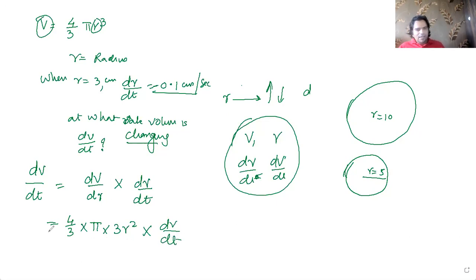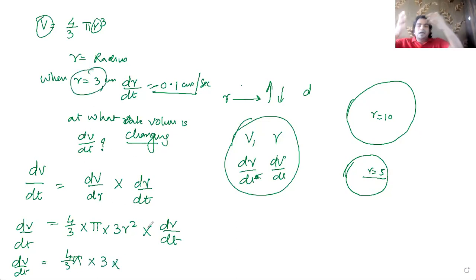Since they have given us the radius, dV by dt equals 4/3 pi times 3 times the radius squared, where the radius is 3, which is given in the question at the instance you're looking at. So it'll be 3 squared times dr by dt, which is given as negative 0.1.